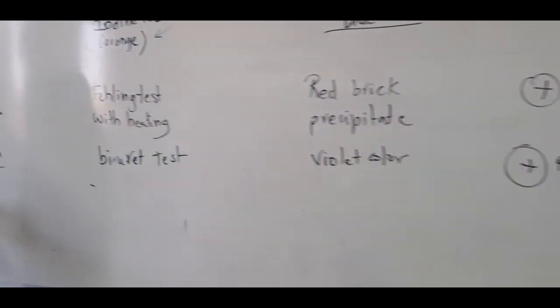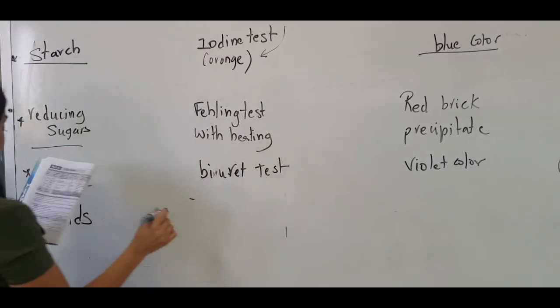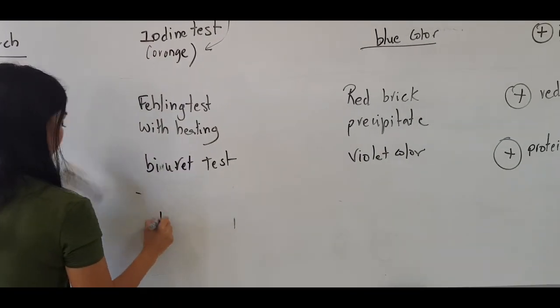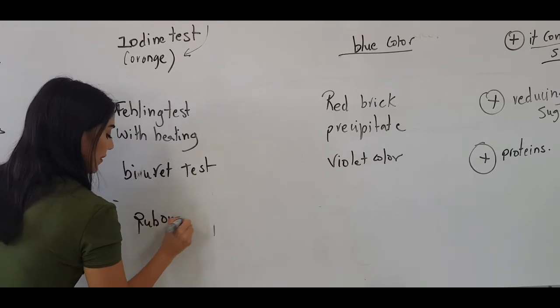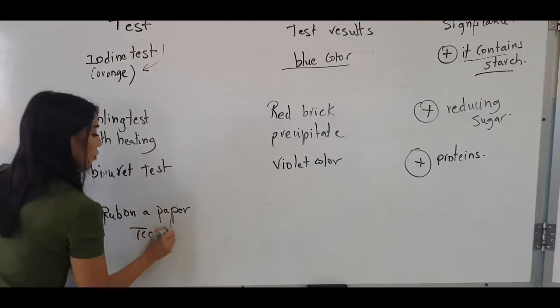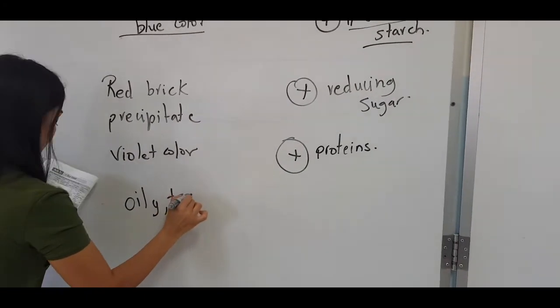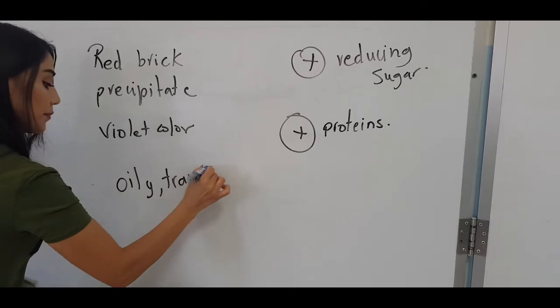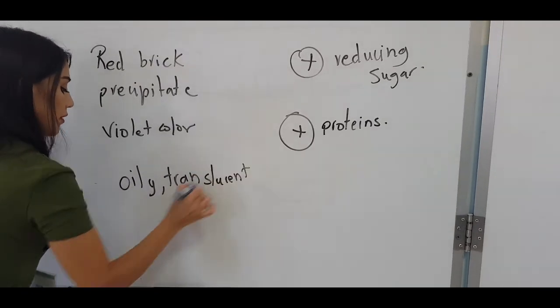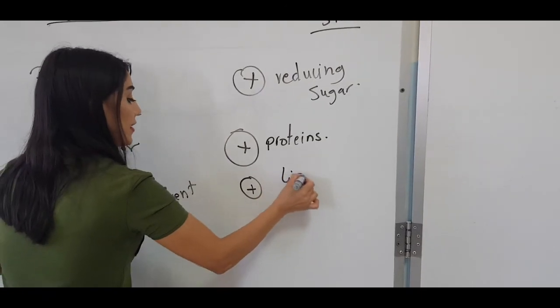Last one, lipids. Lipids, we rub the substance, rub on a paper test, so if it gives an oily or a translucent spot, which means it is positive, it does contain lipid.